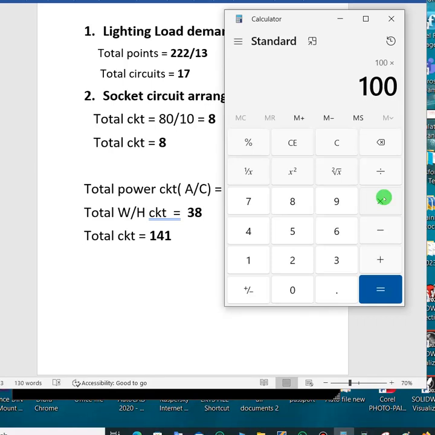We now multiply 100 watts by 13 points, further multiply by a factor of 1.8. This is what we got. We now divide by 230. We now get 10 amps.